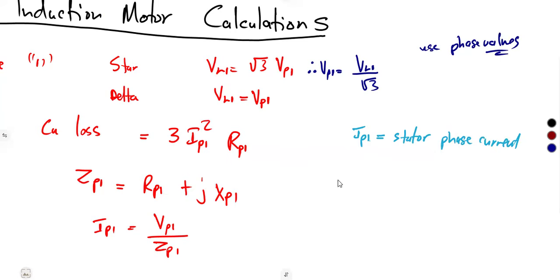So given RP1, what does it mean? That's the stator phase resistance, still one and the same thing, or the stator resistance per phase. What is important there? The stator. So this is our stator resistance per phase.